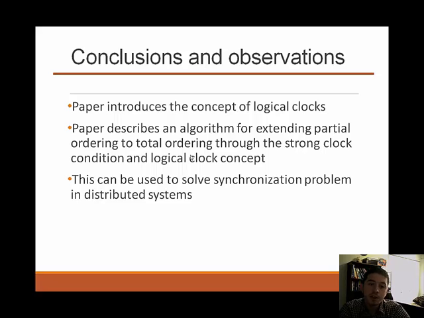This paper describes an algorithm of extending partial ordering to a total ordering through the strong clock condition and the logical clock concept. By using those two concepts, we're able to totally order the events. This can then be used to solve synchronization problems in distributed systems and avoid deadlock situations.